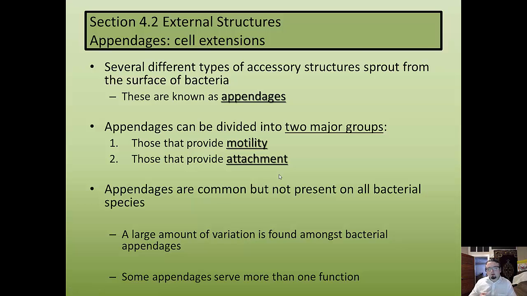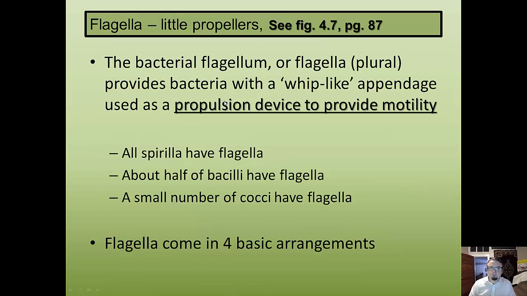Typically you have one of those two purposes being met, and there are a handful of ways in which that's done. So these appendages serve these two functions in a handful of ways. As it says down here, what I talk about is the most common forms, not necessarily all-inclusive.